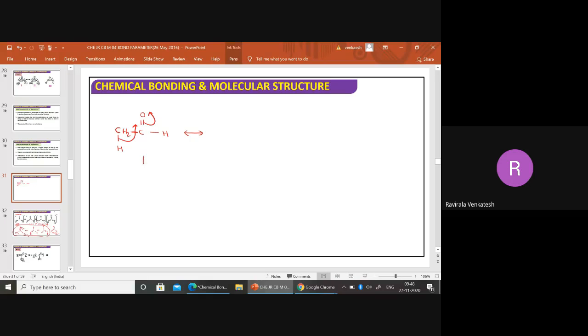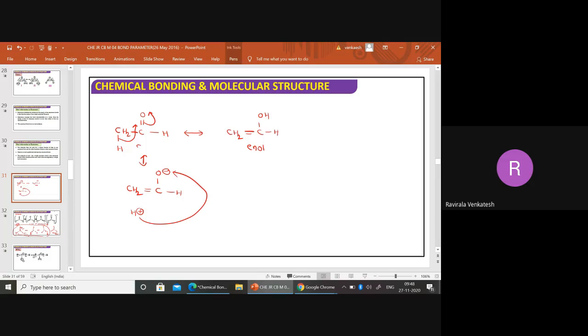Because of this, we get CH2 double bond C O minus and H plus. And this H plus will move here. So we get this structure, CH2 double bond C OH. This is called the enol form, because a double bond is there and an alcohol is there: ol.